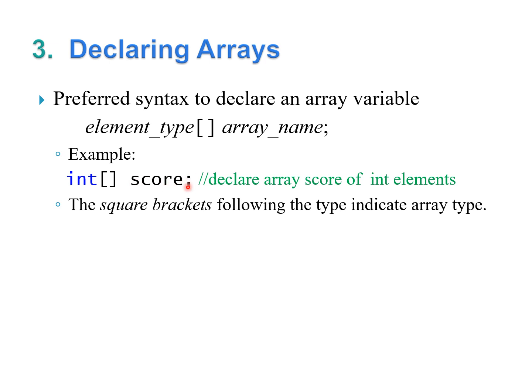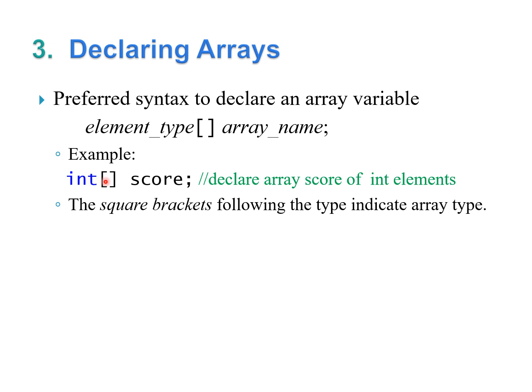The square brackets following the type indicate an array type. For example, int left bracket, right bracket is an array type which can reference any array of int variables.